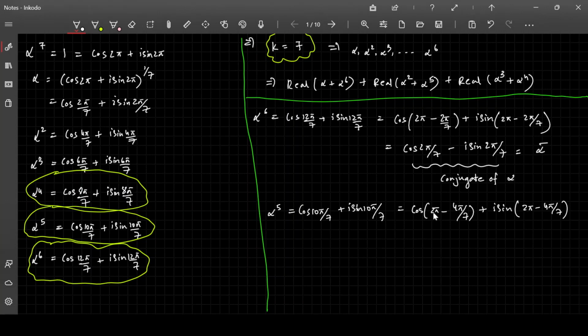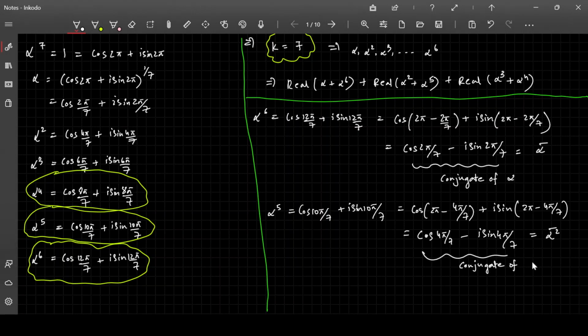So 7 into 2 is 14π; from 14π, what must be subtracted to get 10π? That is 4π. This is how you can do it, and I do it in the same way to avoid confusion and silly mistakes. So this is cos 4π/7 minus i sin 4π/7, and this is again the conjugate of alpha square.